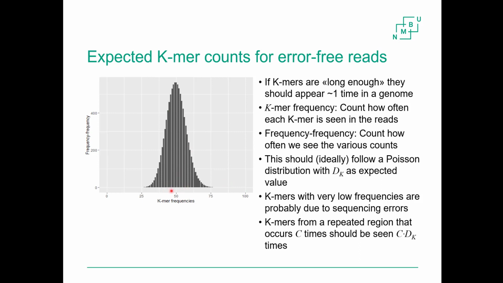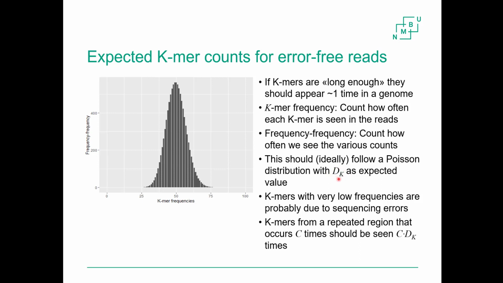But the main peak indicates the dk value, right? So actually we can directly from a histogram like this get a good estimate of this one. And notice from the formula, to compute it accurately, you need the size of the genome, capital G, right?